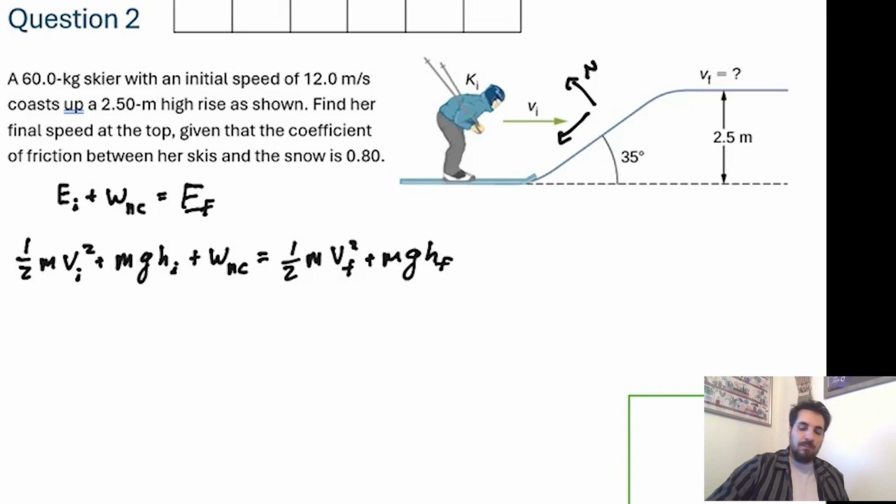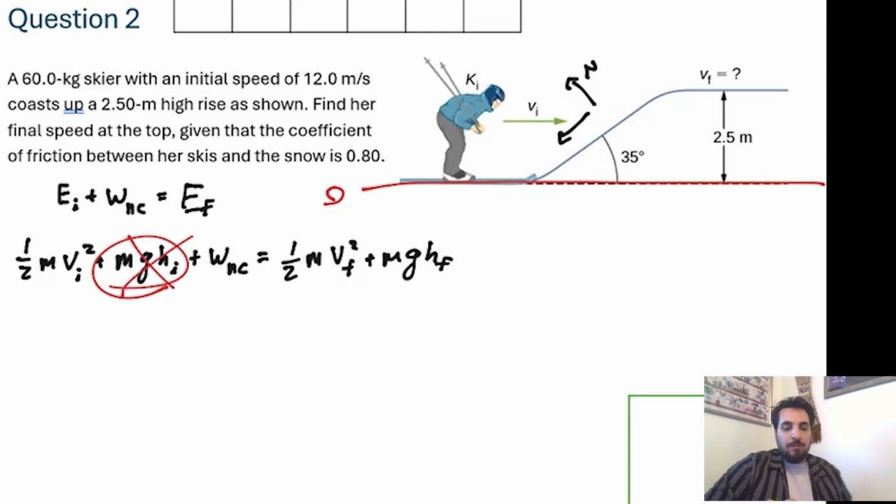We look at this and we say, well, initially, we can define our initial height to be 0, meaning our initial potential energy goes to 0. And we look at the rest and we say, well, there's not much else I can simplify here.